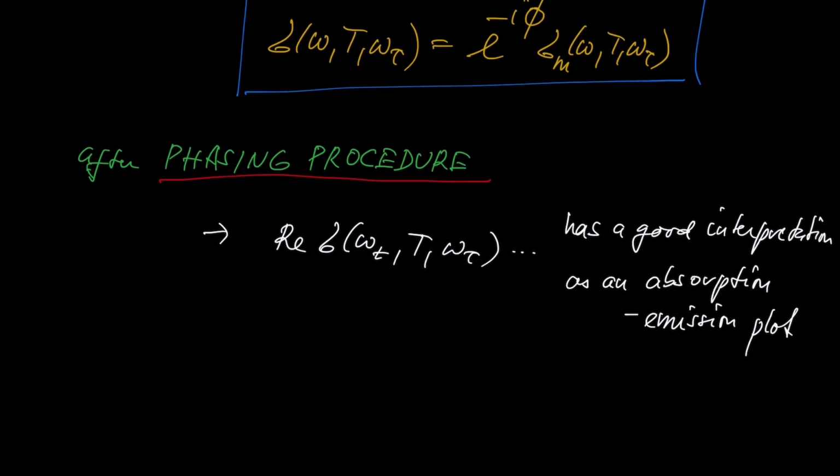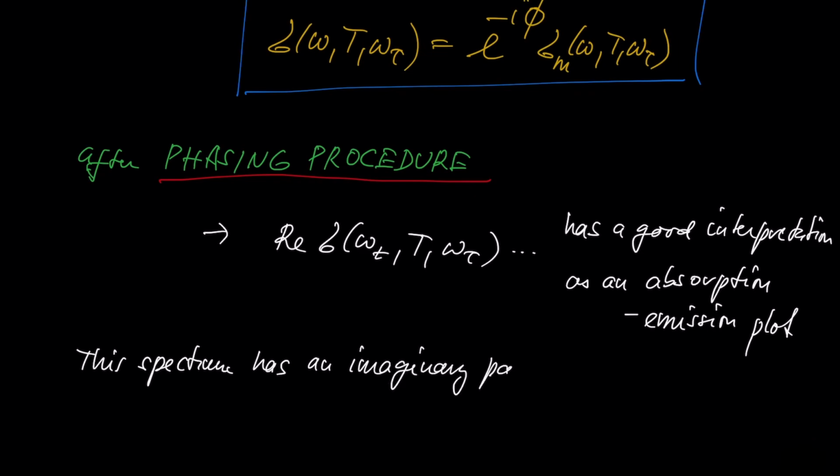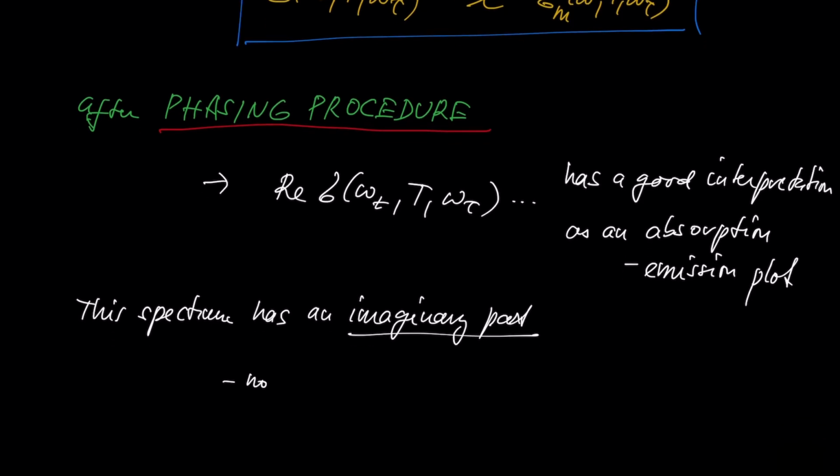And we can of course also have the imaginary part. This spectrum has an imaginary part, and that imaginary part is not completely useless. We don't have such a good interpretation for it. It cannot be compared to any other standard experiment in the way that the real part can be, but you can fit it as well. It's additional information. You measure it and you model it.